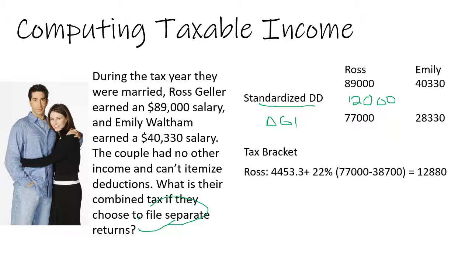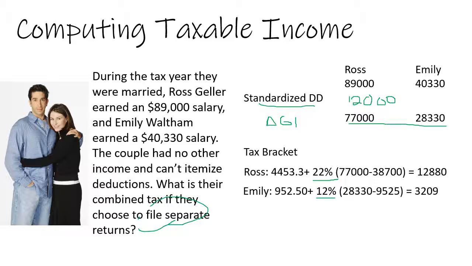This puts Ross in the 22% tax bracket, and it puts Emily in the 12% tax bracket. Since we know their AGI and we know their tax bracket, we can compute their tax liability.